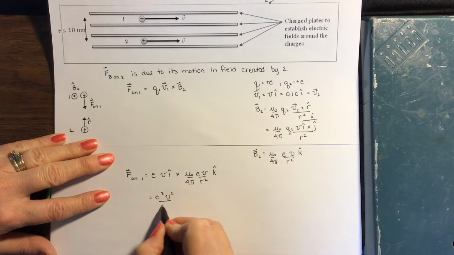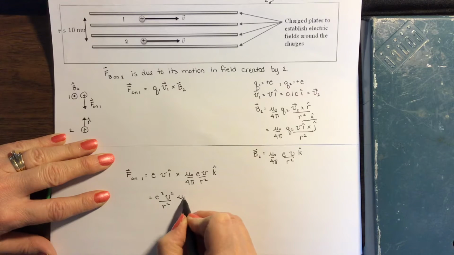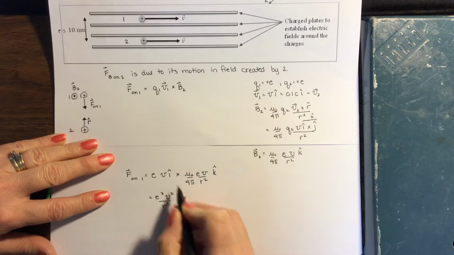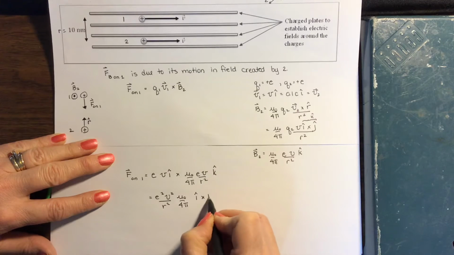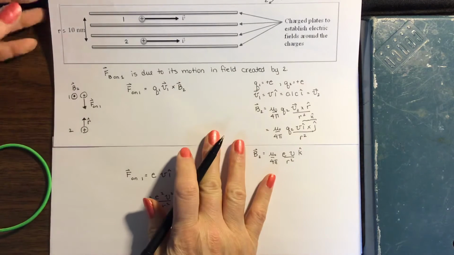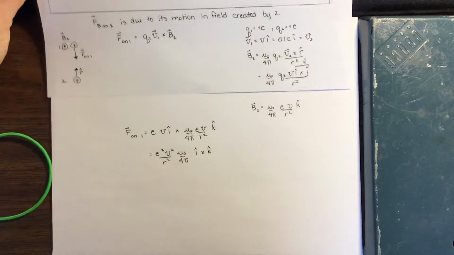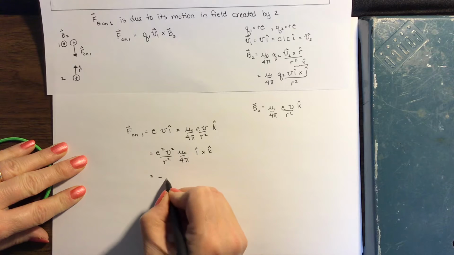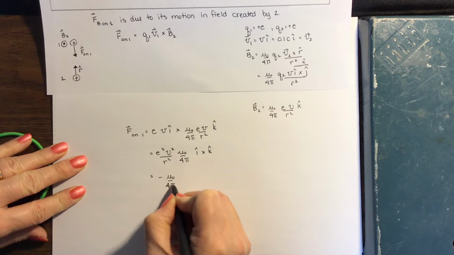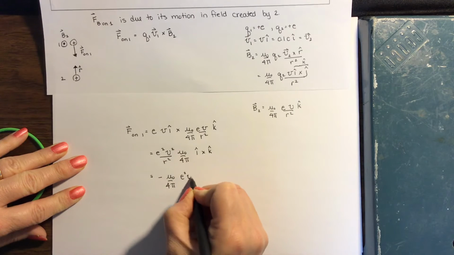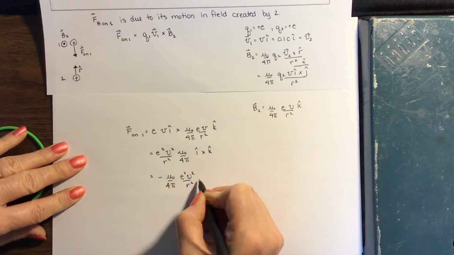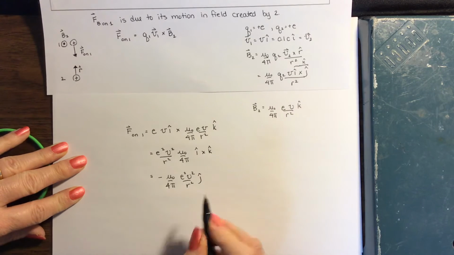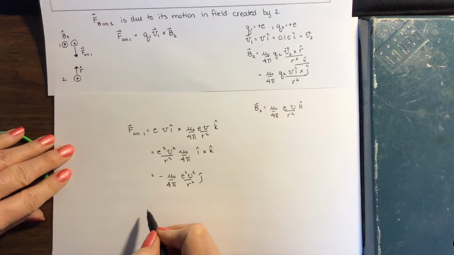I've got my r squared in the denominator, and I've got my mu naught over 4 pi. And I've got i cross k hat. i cross k hat is equal to negative j hat. So my force then is minus mu naught over 4 pi, e squared v squared over r squared, j hat.